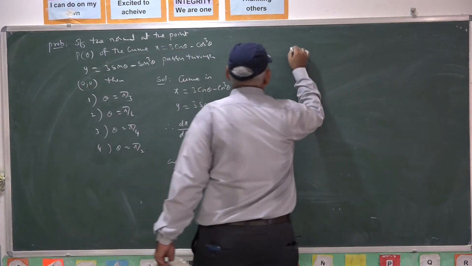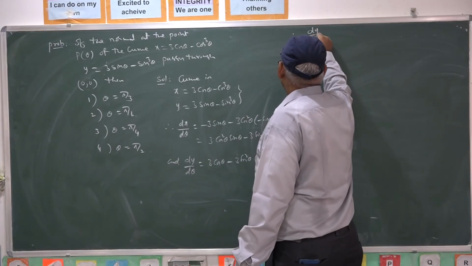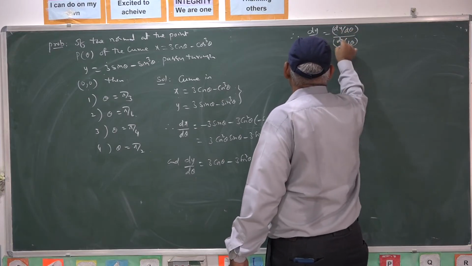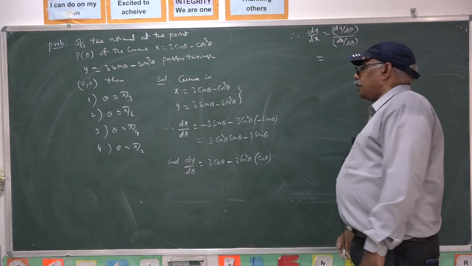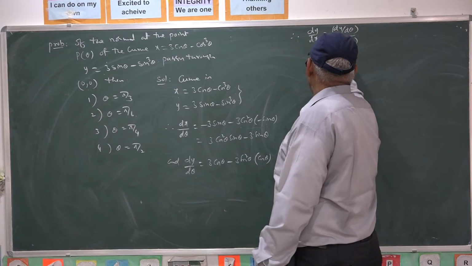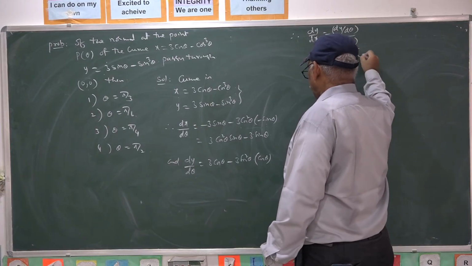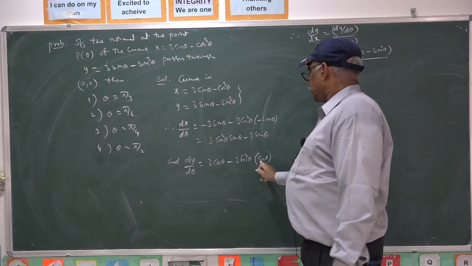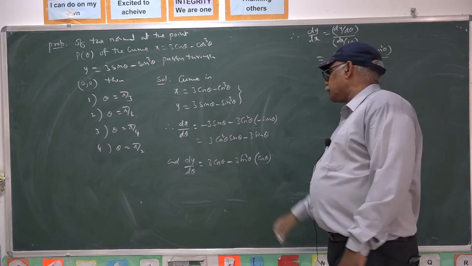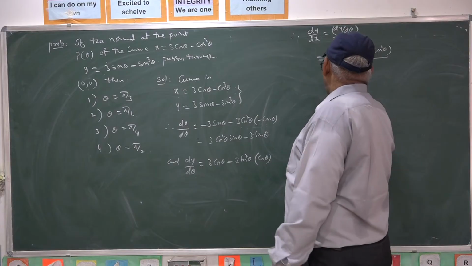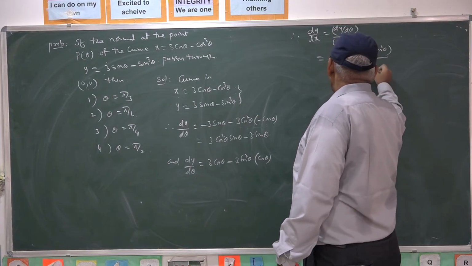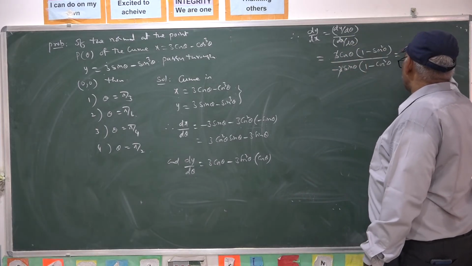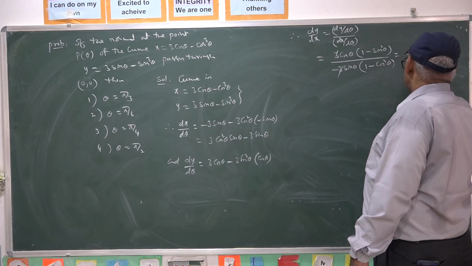So, dy by dx, slope of the tangent at theta, is dy by d theta by dx by d theta, that is 3 cos theta taking common, we get 1 minus sin square theta by, here I am taking minus 3 sin theta common, 1 minus cos square theta, 3 cancel, this is cos square, hence we get cos cube theta by this is sin square, that is minus sin cube theta.